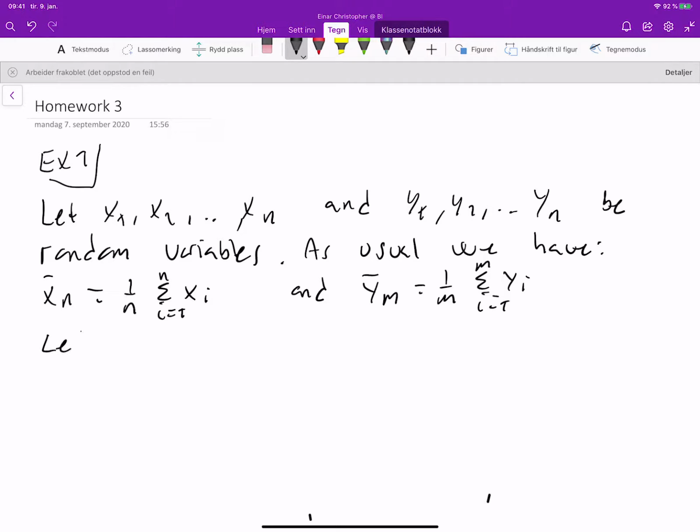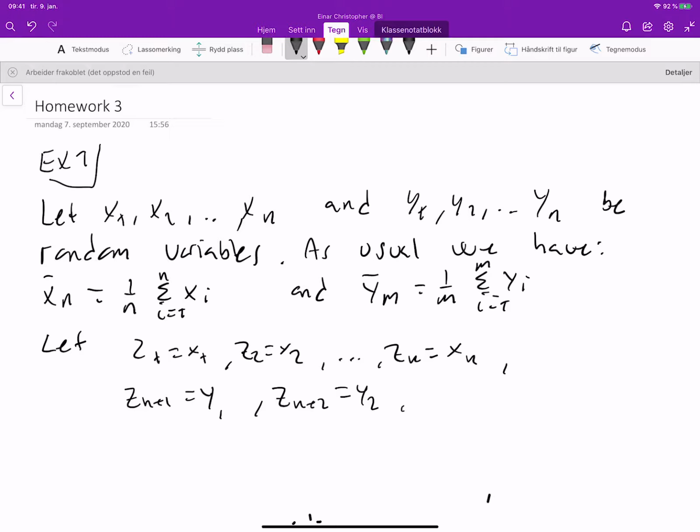Additionally, let set 1 be equal x1, set 2 be equal x2, set n be equal xn, comma, set n plus 1 be equal y1, comma, set n plus 2 be equal y2, comma, set n plus m be equal ym.